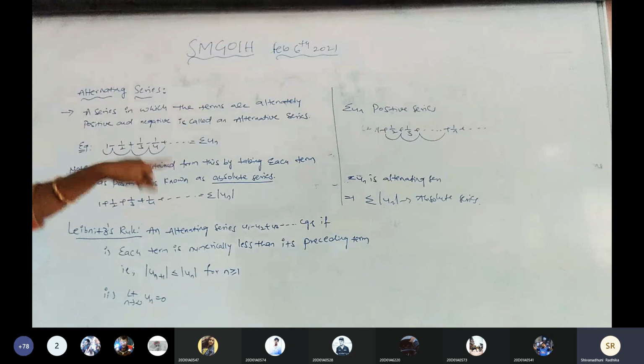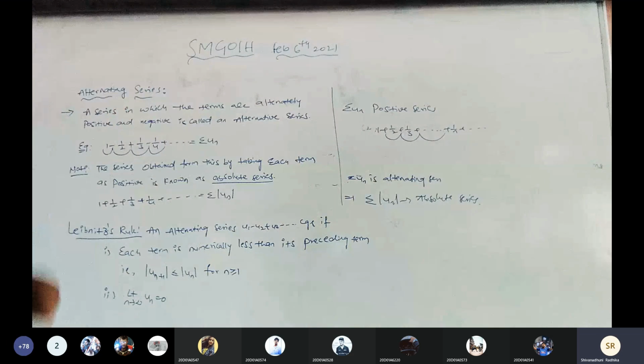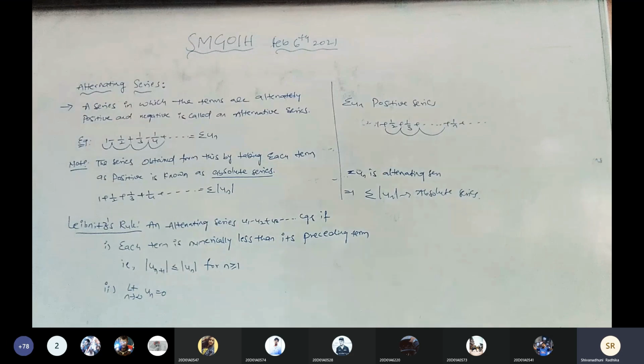Now, what is the result for an alternating series? For the given alternating series, we have two conditions. One is absolute convergent and the other one is conditional convergent. Is it clear? Only these two results are possible in the given alternating series.